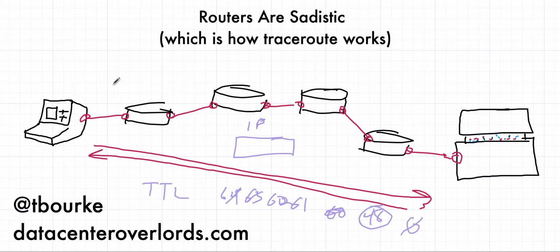So if I generate a packet with a TTL equal to 1, I'll forward it to my destination over here, the Whopper. So let's say my IP address here is 1.1.1.1.